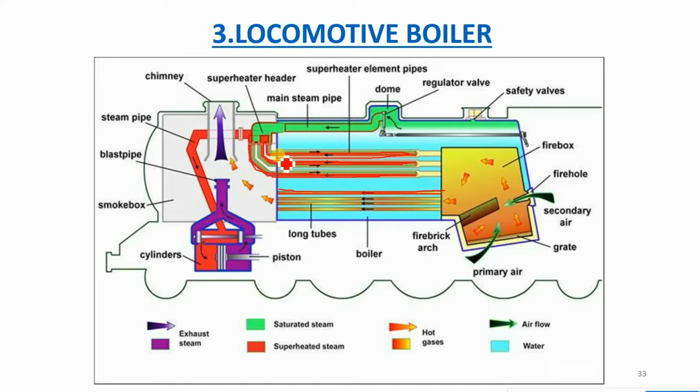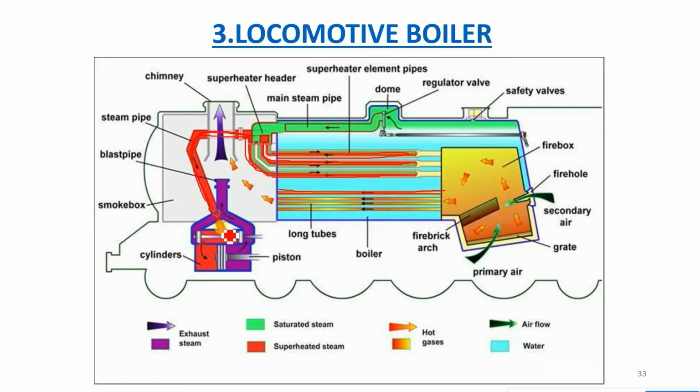Okay. Now when superheated steam comes out of the main pipe, it enters the reciprocating engine. This red color represents the superheated steam. The reciprocating engine is a double acting engine which works from both ends.